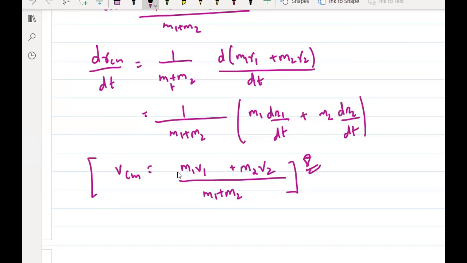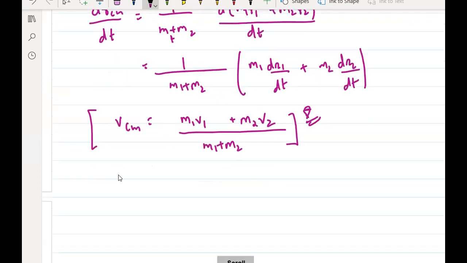And same way, what do you think? Without solving, can you say what would be the formula of ACM? Tell me, what would be the formula of ACM without solving? Yes, awesome, correct.